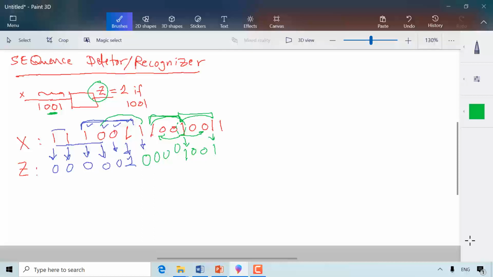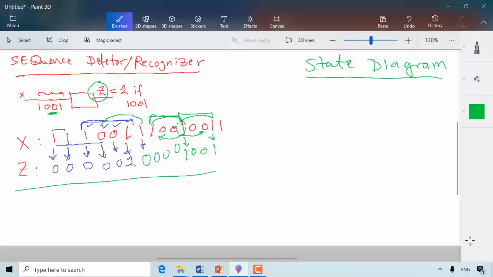Okay, so the very first thing. Now we understood the circuit. We need to construct what? The state diagram. Okay, so let's construct the state diagram. What's my input here?